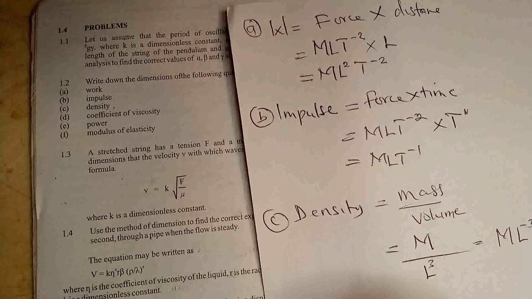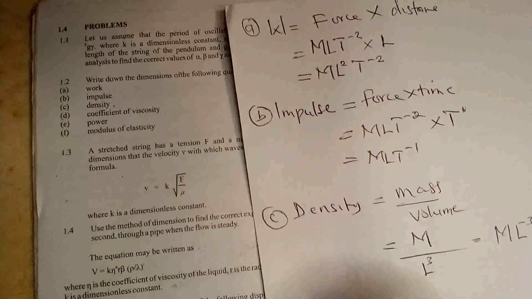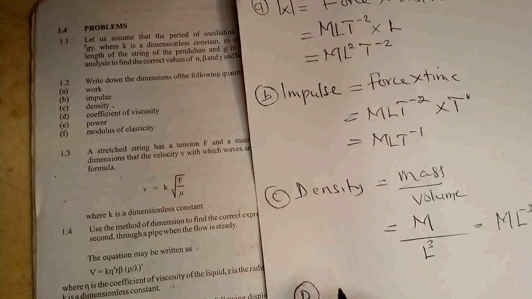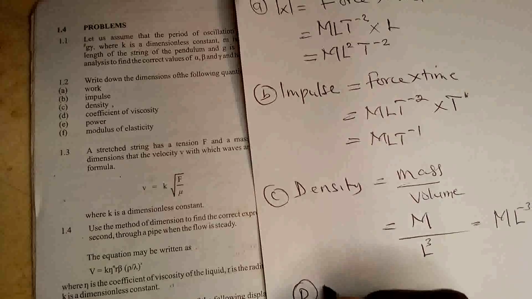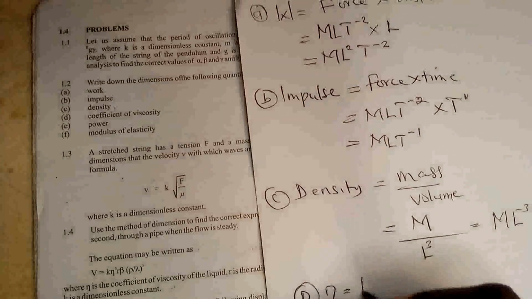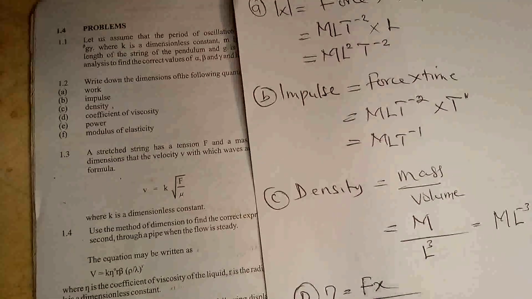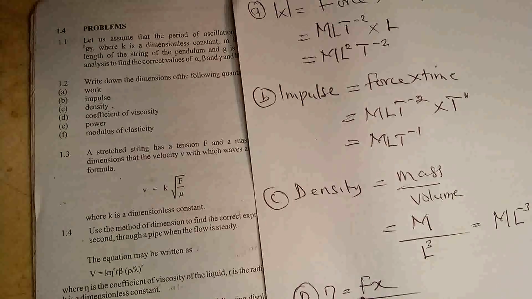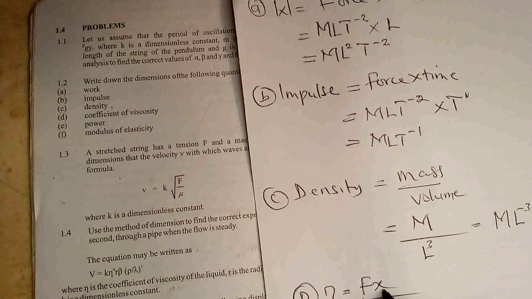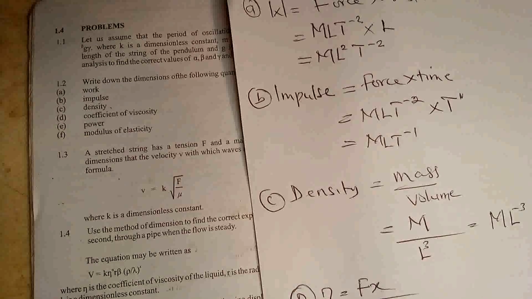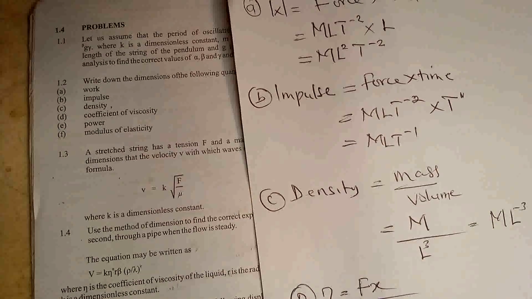Alright, then D, we have coefficient of viscosity. The formula is F x all over A V, where F is the force and x is the distance, then A is the area, the surface area, and V is the terminal speed.